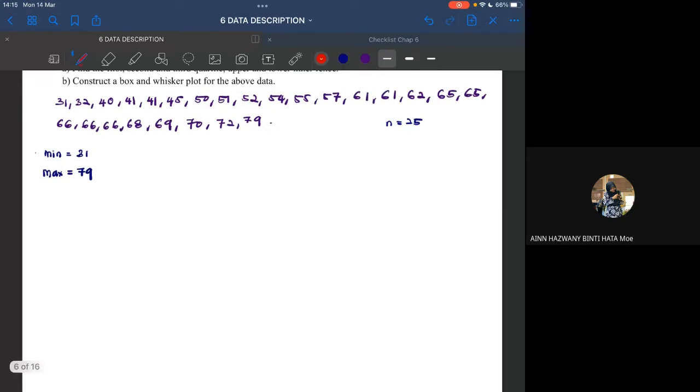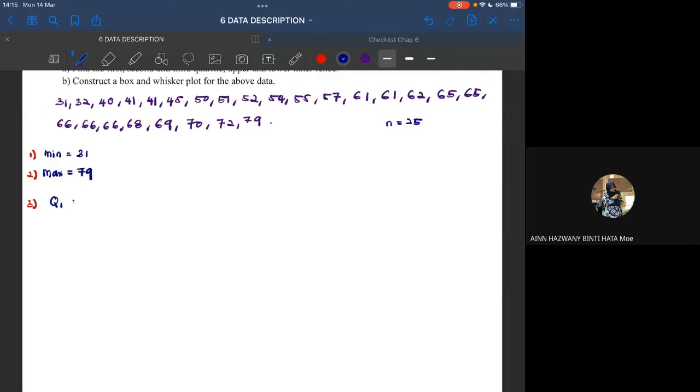So let's put this like that. Kita terus nombor 3 is to find Q1. Q1 which is the exact same way macam kita buat tadi, kita kena cari kita punya observation dulu.